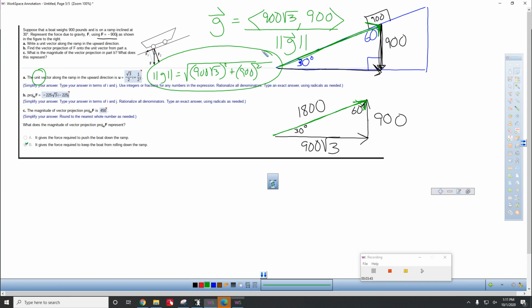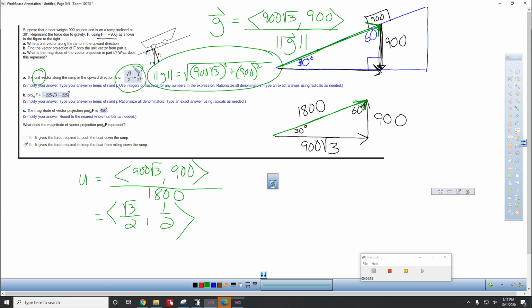So the unit vector would be 900 radical 3, 900 divided by the magnitude of G, which is 1800. And you get radical 3 over 2, 1/2. That's how they got that.